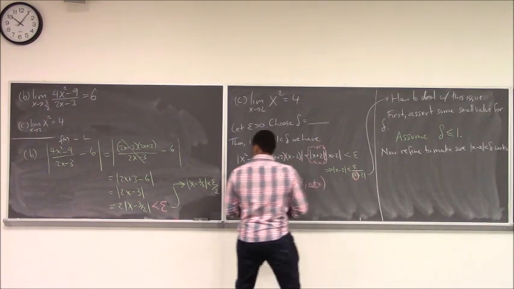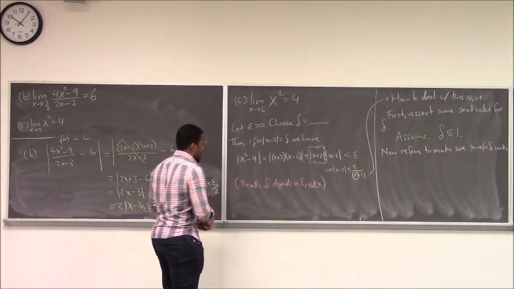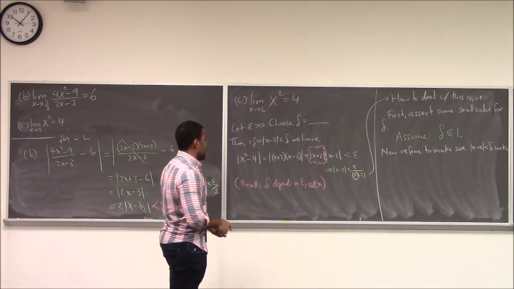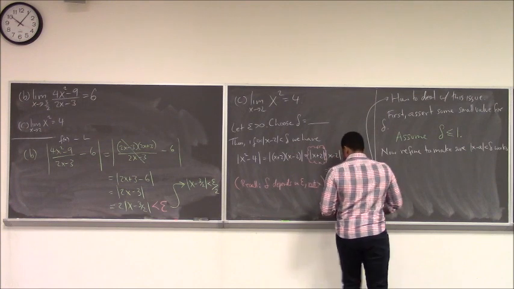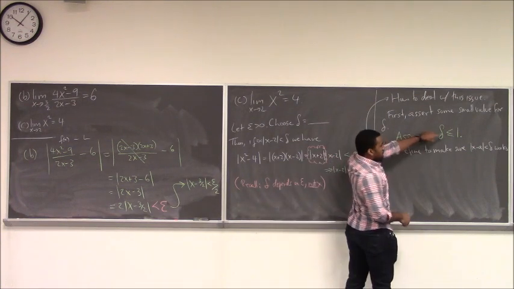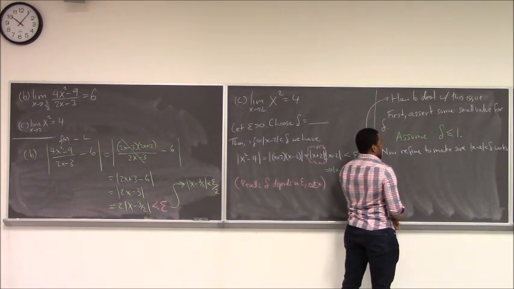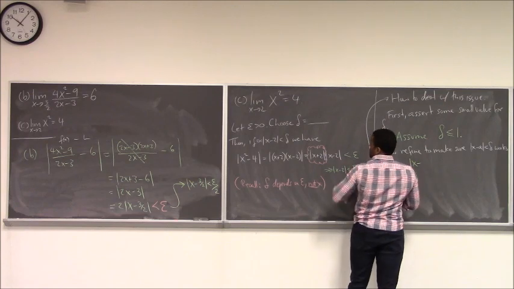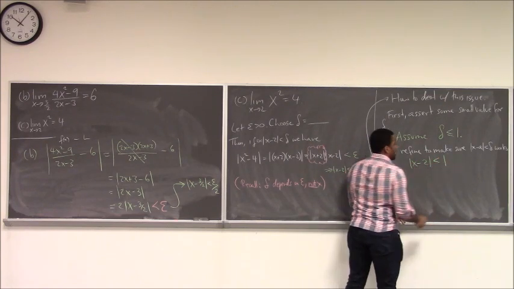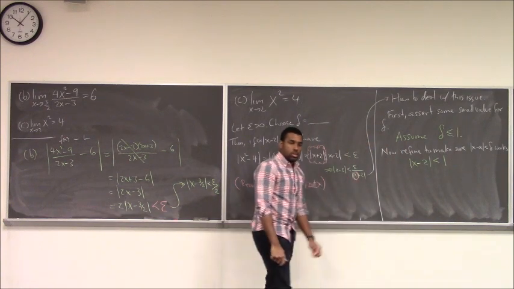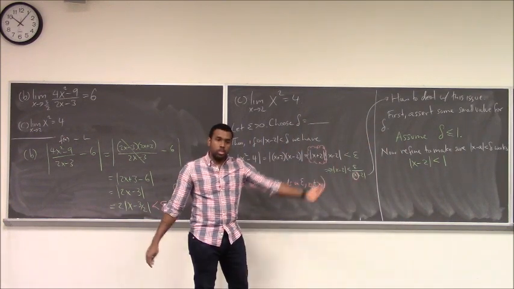So in other words, we assume that |x minus a| is less than delta. This would mean, if your delta is 1 or less, that your |x minus a| is definitely less than 1, because that's the maximum leeway we're allowing.